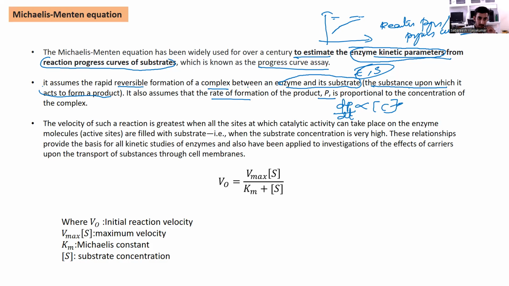In this equation, the velocity of the reaction is greatest when all the sites at which catalytic activity can take place on the enzyme molecules are filled with the substrate, that is, when the substrate concentration is very high.